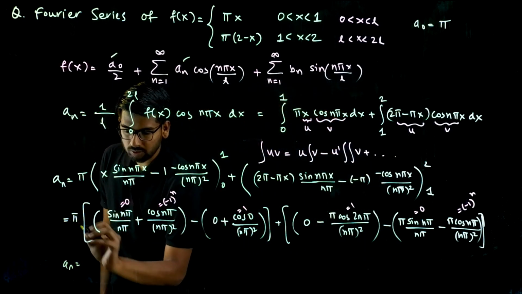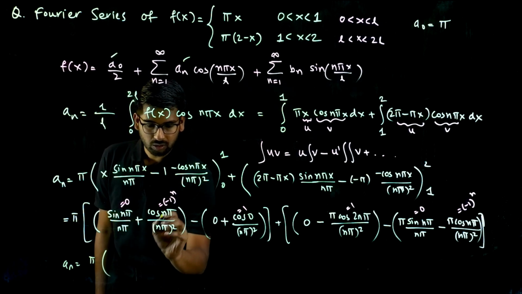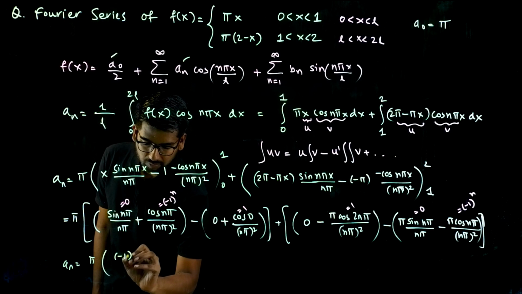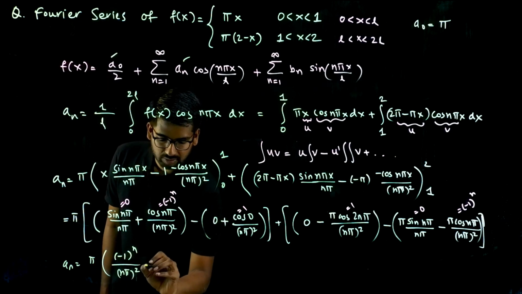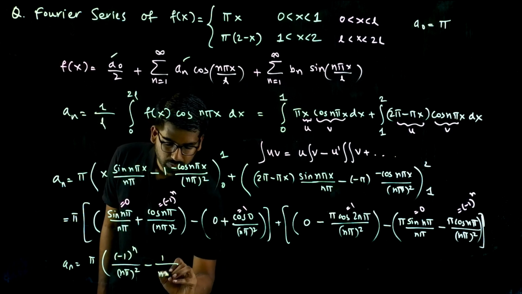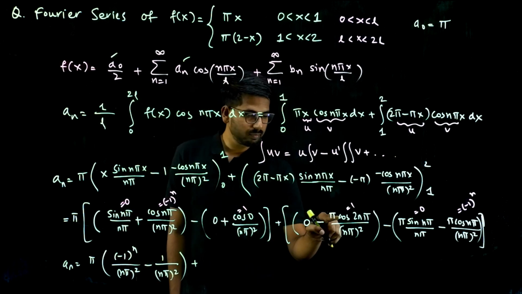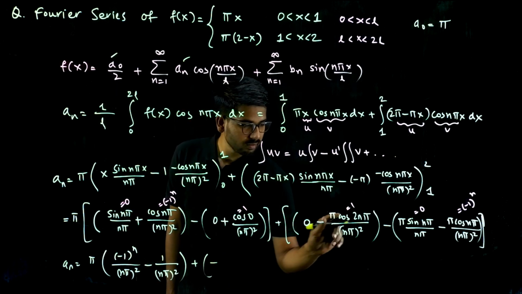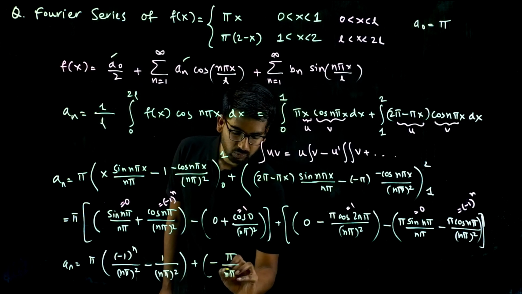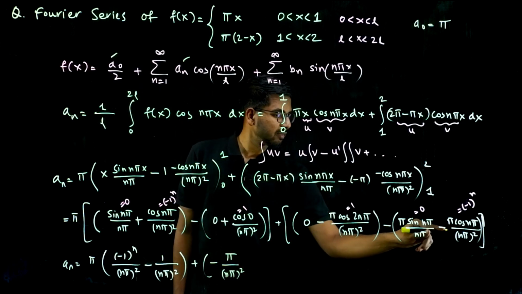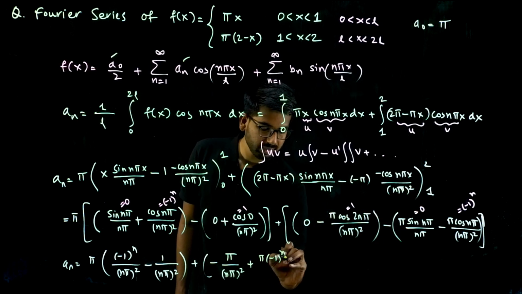An is equal to pi into cos n pi, which is minus 1 power n, by n pi square, minus into plus minus 1 by n pi square, plus this is minus, this is 1. So this will be minus pi by n pi square, pi by n pi square, minus into minus plus minus 1 power n.